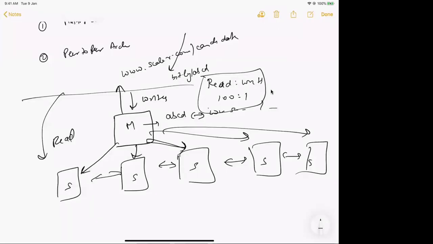Because how will the read happen? The read will happen by randomly coming to any one of the slaves. If the read comes to any one of the slaves, let's say it comes to this slave, but that particular write happened at another slave and no other slave has any data about ABCD till this point in time, then what will happen?